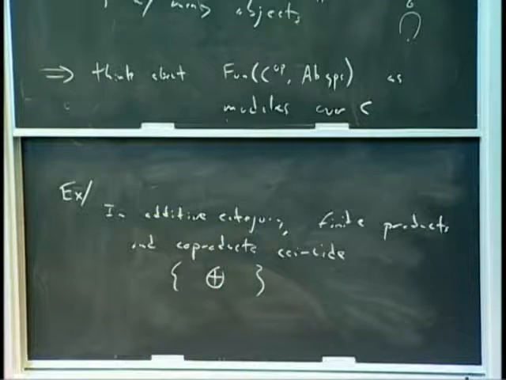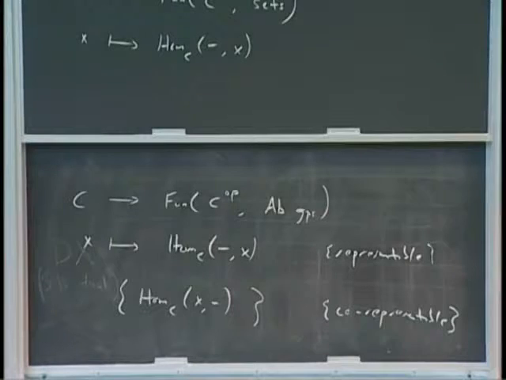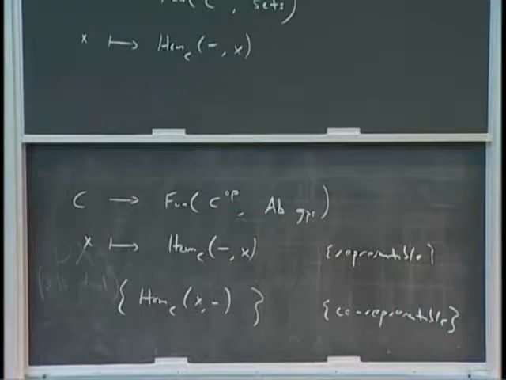Now I want to say something about what it bought us to have this picture. Why am I bringing up the Yoneda lemma? Well, what do I want to do? What is the slogan? Maybe I should actually write rather than say things.